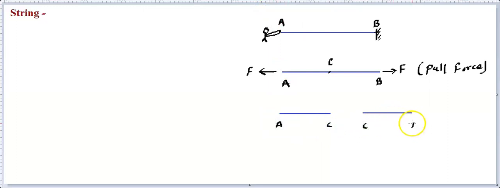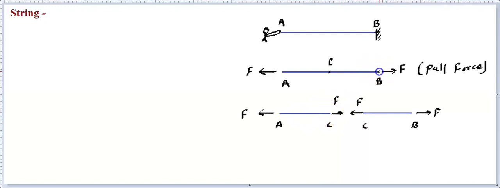We are just imagining what is happening at this C point, which is somewhere in between on this string. If you have applied this force F, then there is a force F acting. So this C will also experience a pull force, that's F. This is also experiencing a pull force, that's called F. So this is how we are going to show the force, and we can remember how we are going to show it.